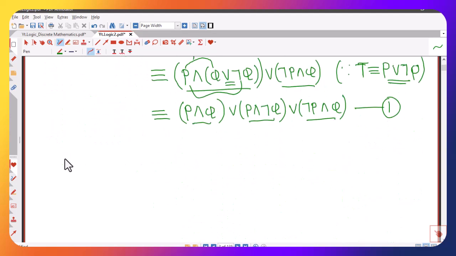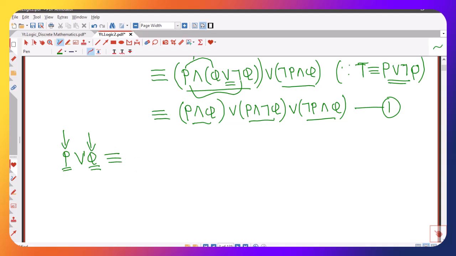Then we obtain the principal disjunctive normal form of P or Q. So next part is P or Q, and here P and Q are connected by the OR operator, but P is not a min term, Q is also not a min term, and we are writing the principal disjunctive normal form. Therefore we have to write this as a disjunction of min terms only.